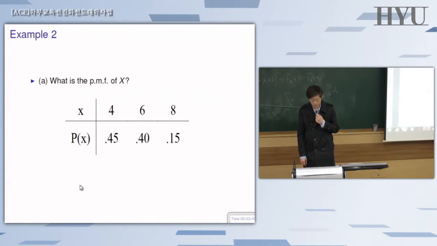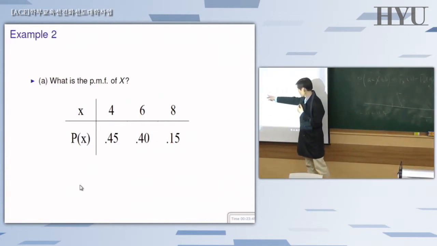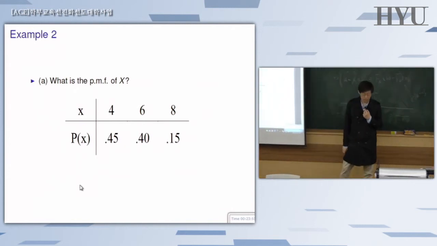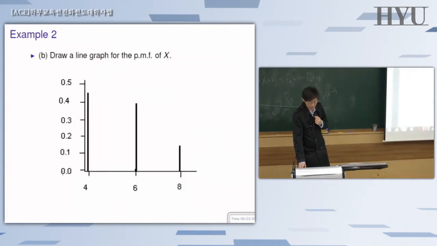A few things to check before we move over. If this is a valid PMF, if you add up all possible probabilities, they must be 1, which is indeed the case here. So you know that you're on the right track. Well, you can use a graph to present the exact same information instead of a table.